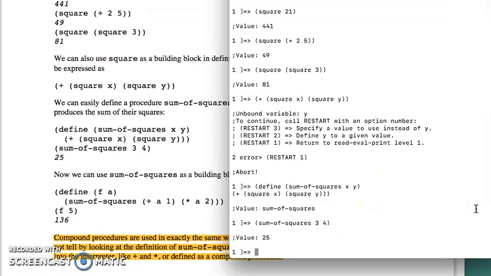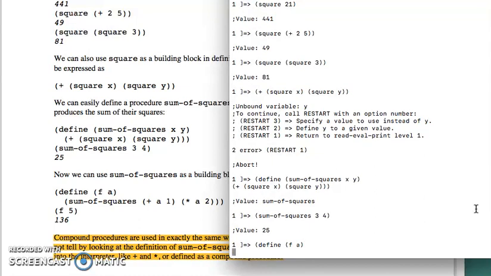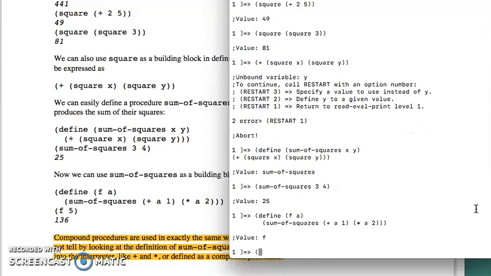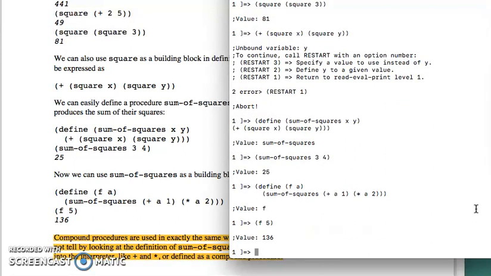Okay, so define function f of a to be the sum of squares applied to the sum of a and 1, and the product of a and 2. And then, okay, so f of 5 is 136.